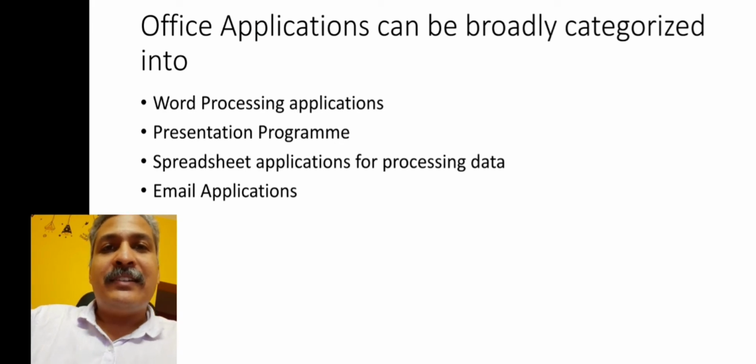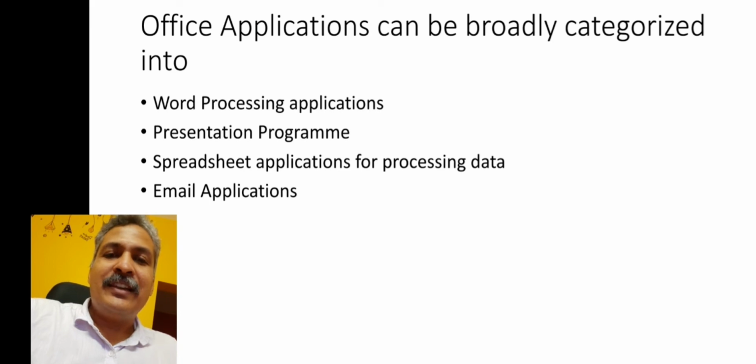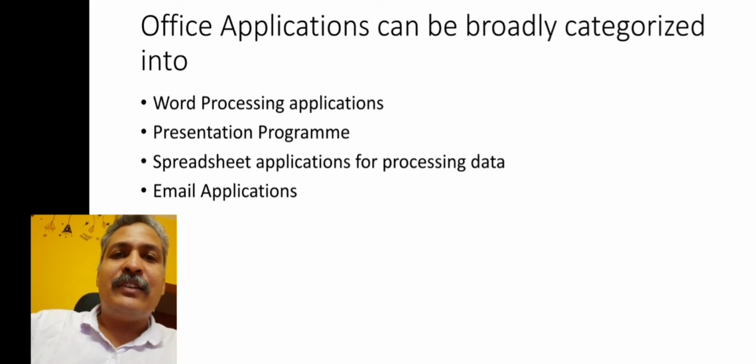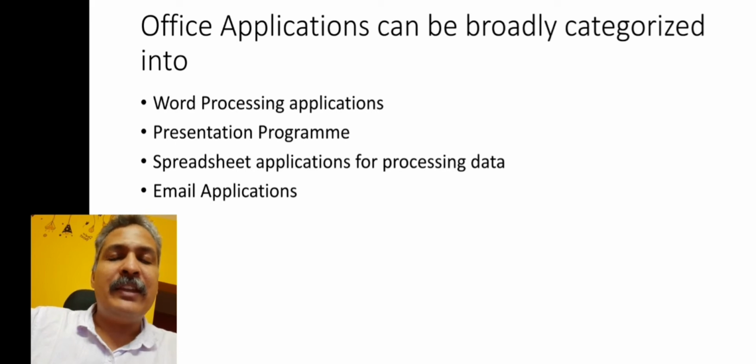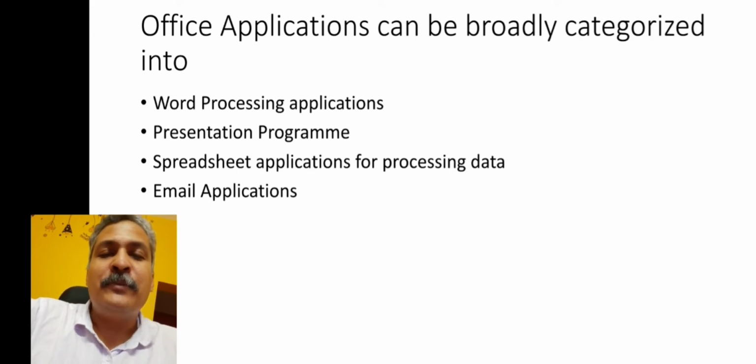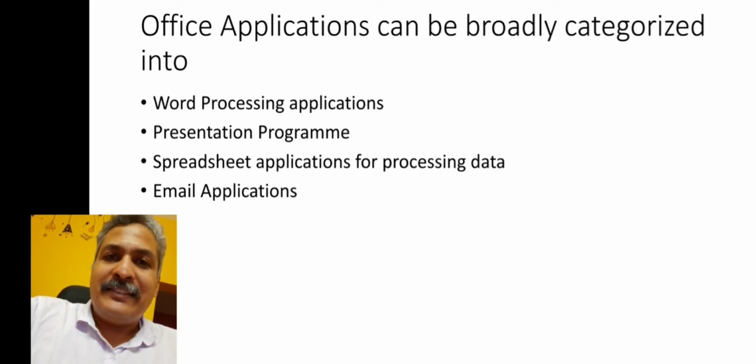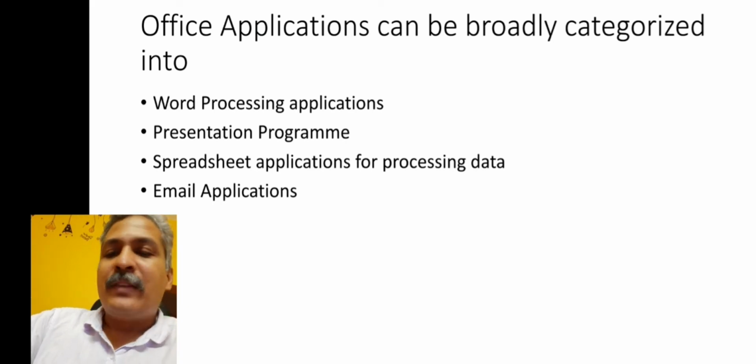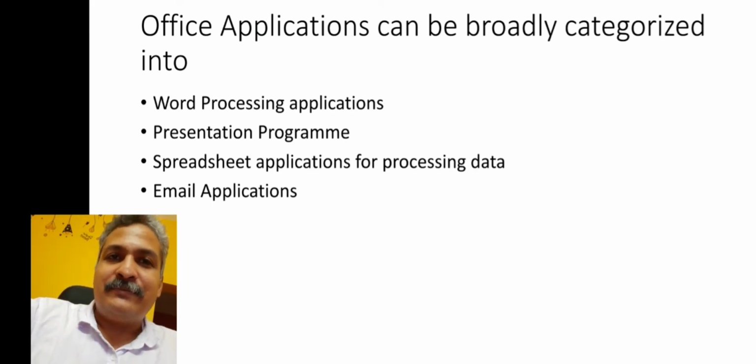And the fourth and the last one are the email applications, which I think need no further introduction to you because email applications are very familiar to you. Typical examples are Outlook, Gmail, etc.